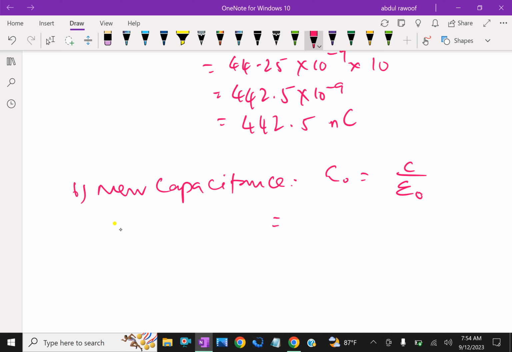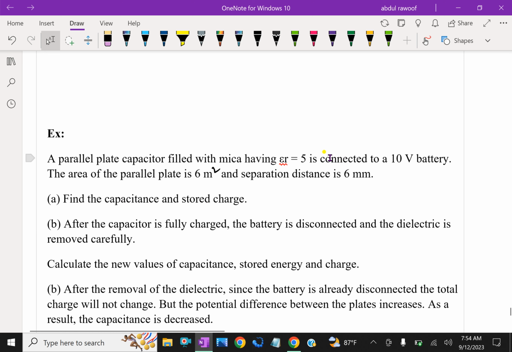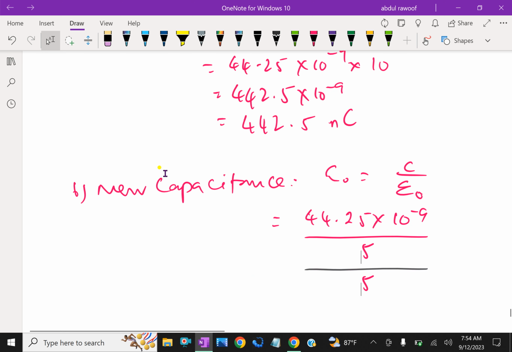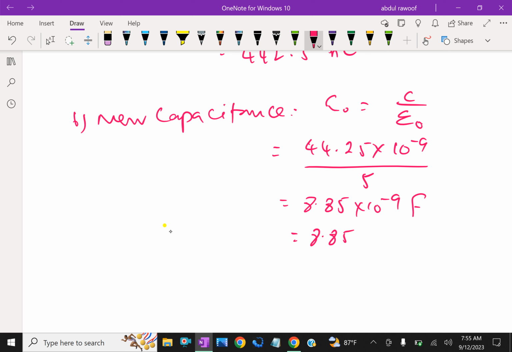That is 44.25 into 10 power minus 9, already calculated, and here the dielectric is removed, epsilon r is 5, so we divide by that, which gives 8.85 into 10 power minus 9 farad, and is equal to 8.85 nanofarad.